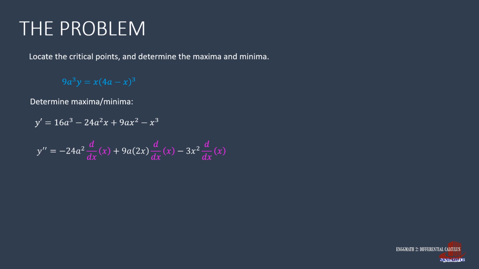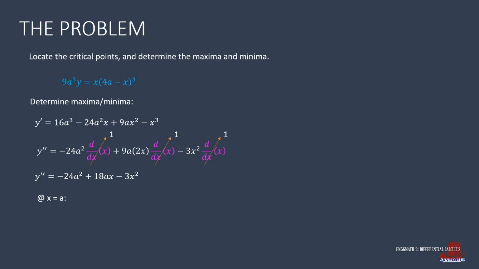Then attach dx over dx. The derivative of the last term is then negative 3x squared, with the derivative of x with respect to x. Again, dx over dx is 1, giving y double prime as negative 24a squared plus 18ax minus 3x squared.